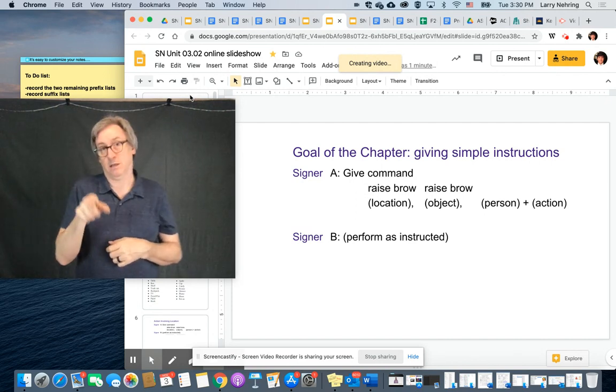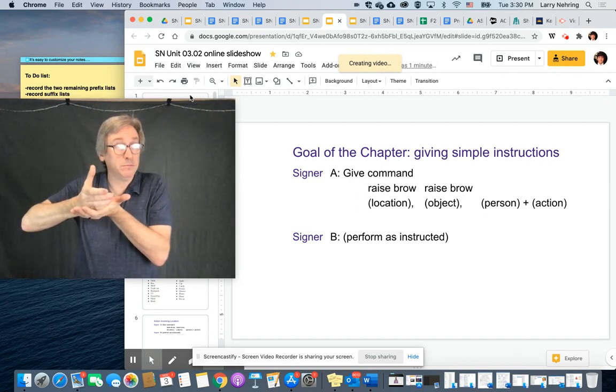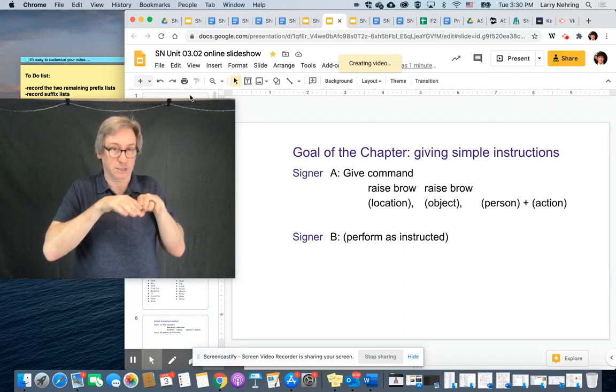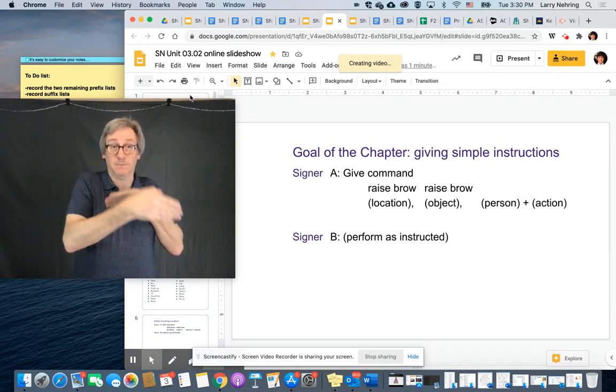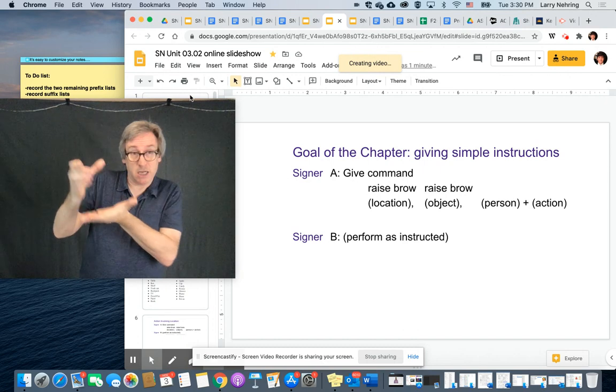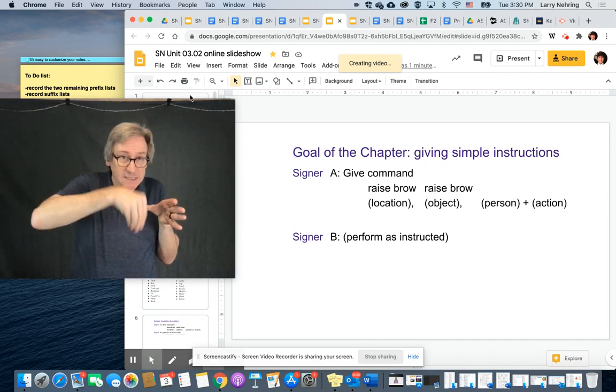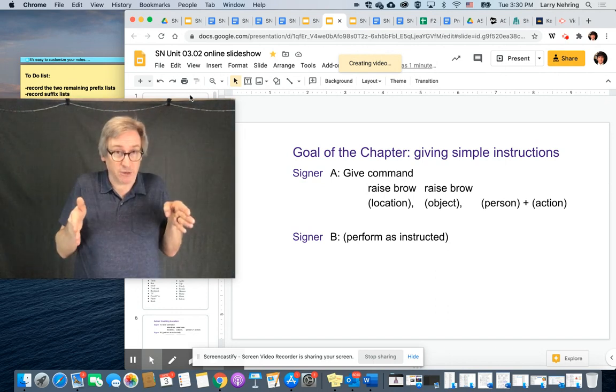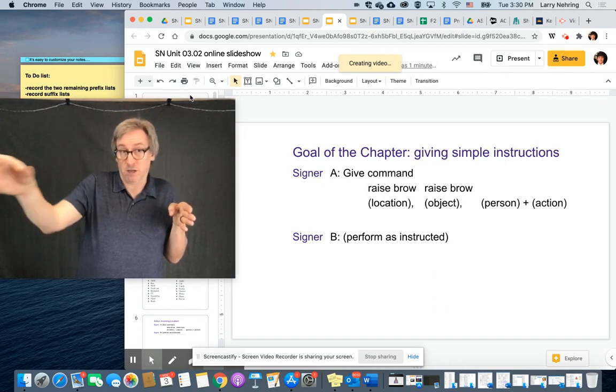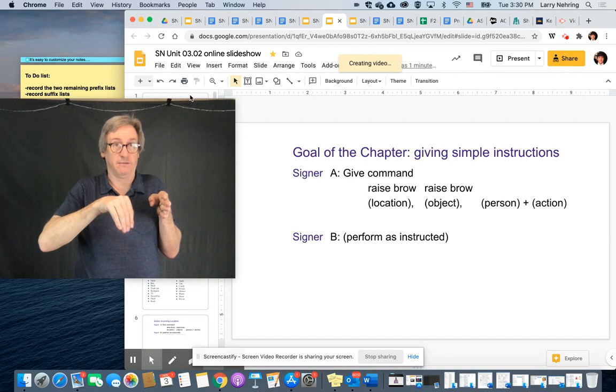I could say that cup, this box, that cup, could you bring it and put it inside? So I put the box here, the cup is over there. I'm asking you to put it inside.